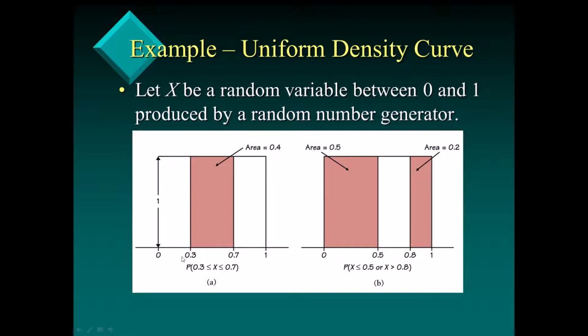And so all we need is for this to be an area model. So if the base is 1 and the area is 1, then the height has to be 1. So all you have to do is to take the difference between 0.7 and 0.3, which is 0.4, times 1 is going to give you an area of 0.4. So that's the probability of being between and including 0.3 and 0.7.